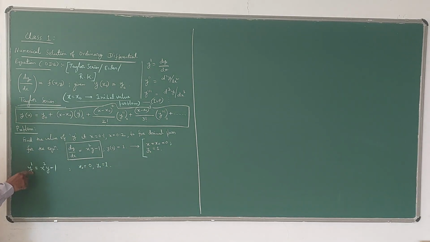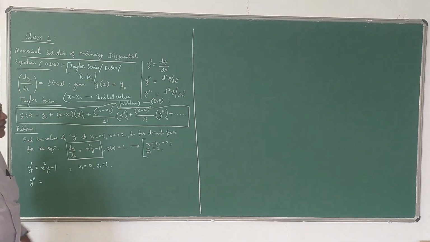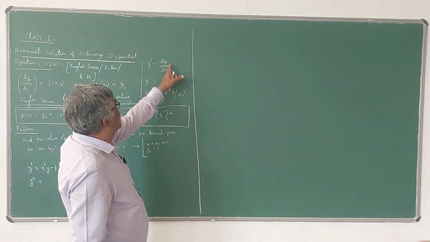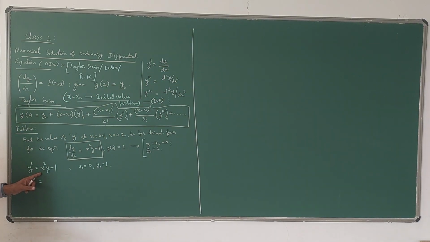Now we will differentiate this once again. We will get the second derivative. The derivative of y dash is y double dash, the derivative of dy by dx is d square y by dx square. If you differentiate a second time, we have to use the product rule here.